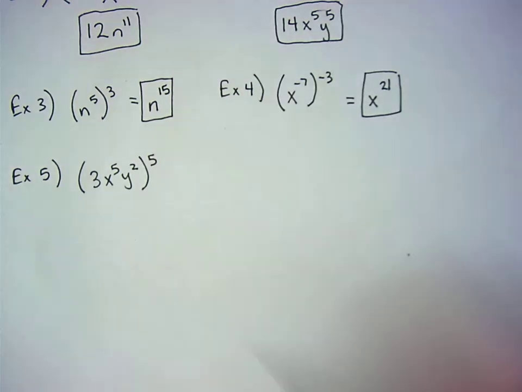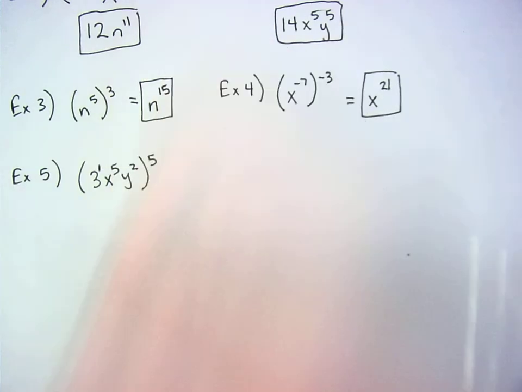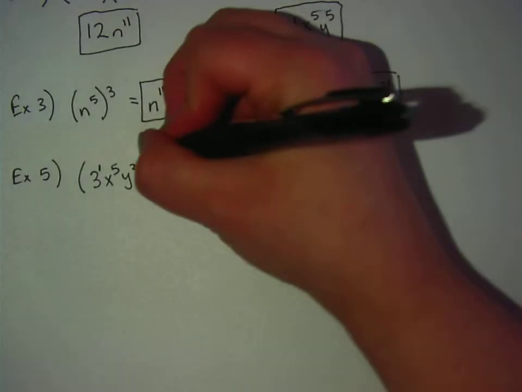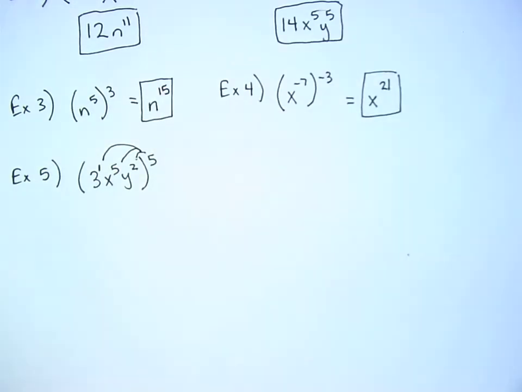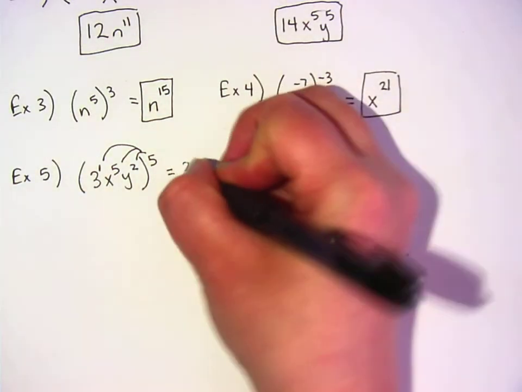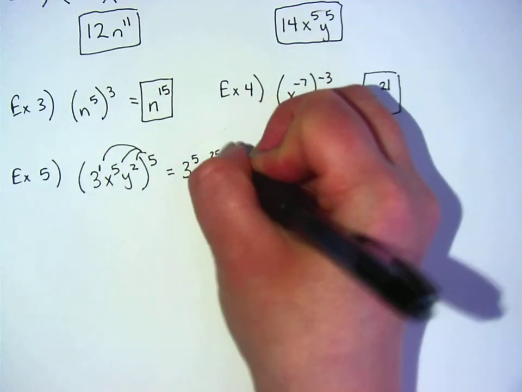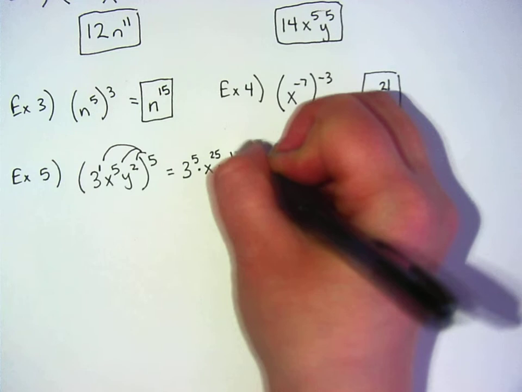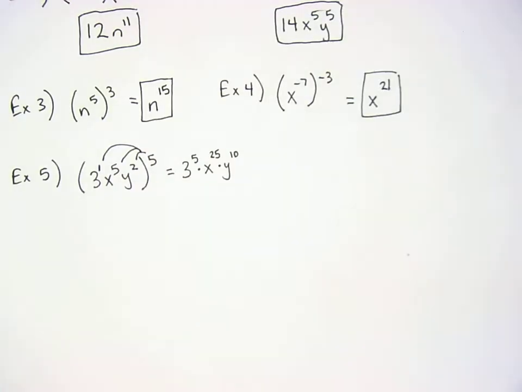This 3 also has a power. It's 3 to the 1st power. So when I distribute this 5, I'm actually going to multiply it every time, including that 3. So that is going to be 3 to the 5th power times x to the 25th power times y to the 10th power.